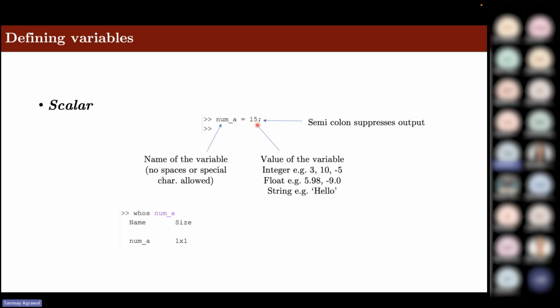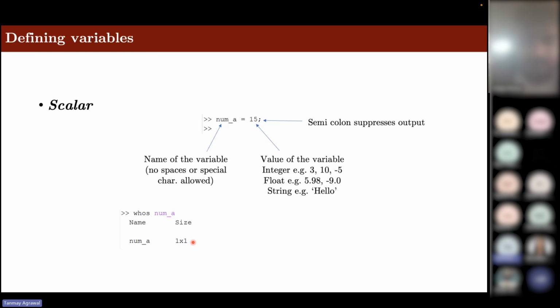So if you look at this number, that is any number, which is simply an integer or a floating point, you can think of it as a matrix that has a size of 1 by 1. So when you would ask MATLAB what the properties are of an integer that you are storing, that would come out as 1 by 1. I hope that this would be at least comfortable with you all. We would actually look into it when we would be talking about the demonstration part in a little while.